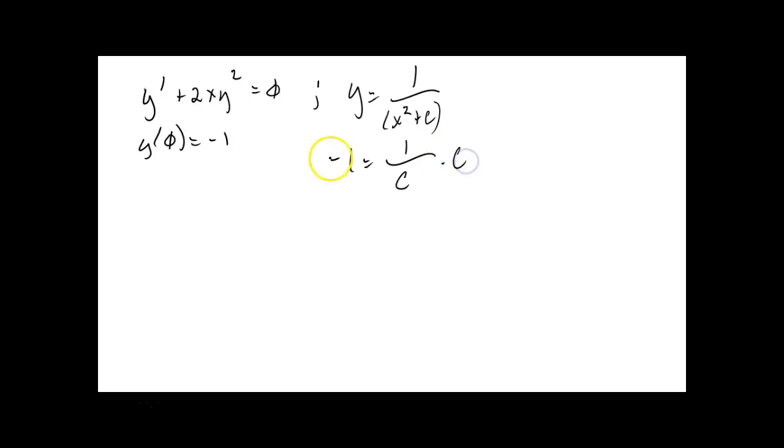Perfect. Multiply by C and divide by negative 1, or that could be just changing signs. You hear the sound effects too. So what is C? Negative 1. So therefore, what is your specific solution then for this one with that initial condition? y is equal to 1 over x squared minus 1.